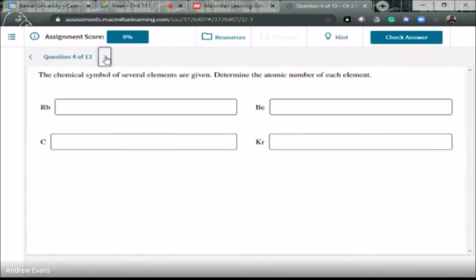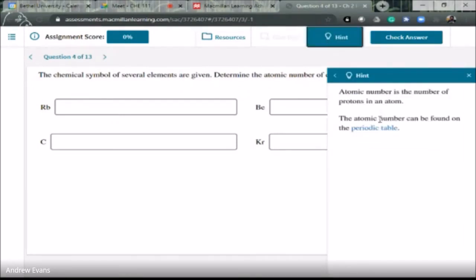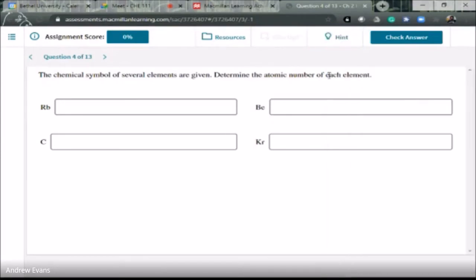So this one, they just want you to look at the atomic number. So how are you going to do that? There's a link right there to your periodic table, in case you don't have one in front of you, in case you don't have a book. So if you're not in class, you can't really work that out. Periodic table. Me, I put an app on my phone, but then again, that's me.